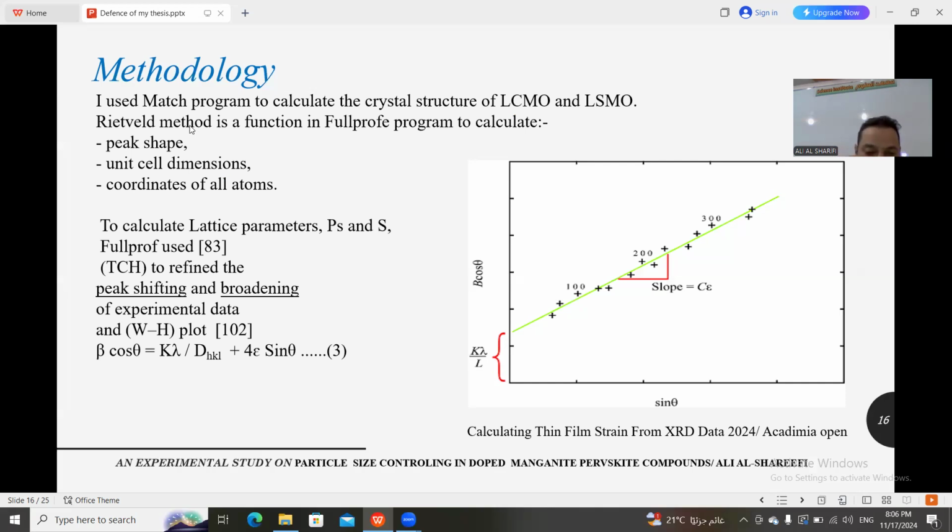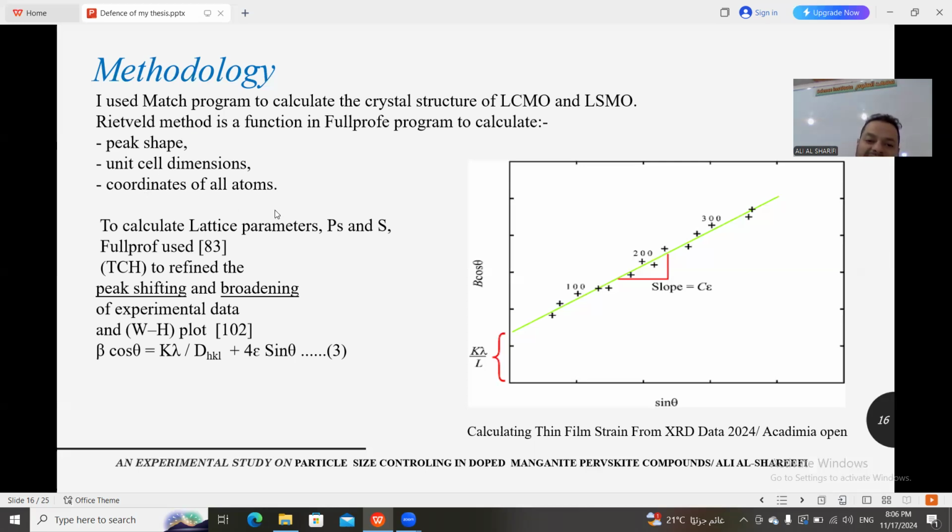It's a function in the FullProf program to calculate all of the peak shape, unit cell parameters, and the coordinates by using the Rietveld method. It's a mathematical process in the software FullProf.